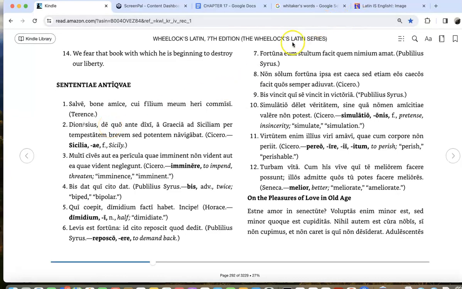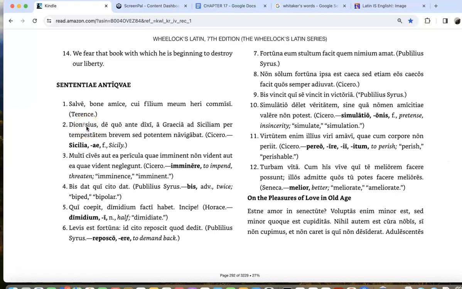Once you know the vocabulary by using a dictionary or looking up the words, you're going to have something like this. Dionysius, about whom before I spoke, from Greece to Sicily through a storm, brief but powerful, was sailing.